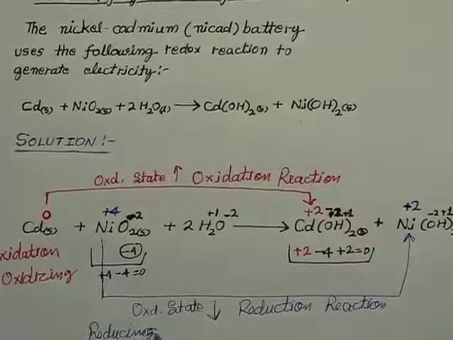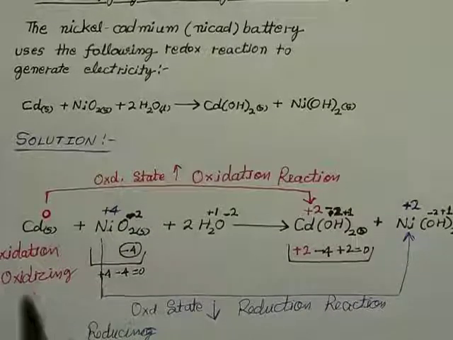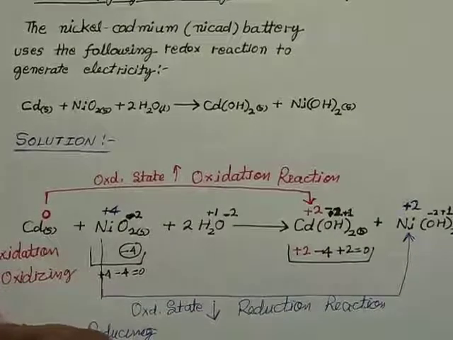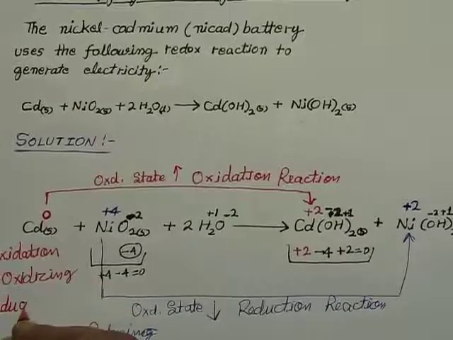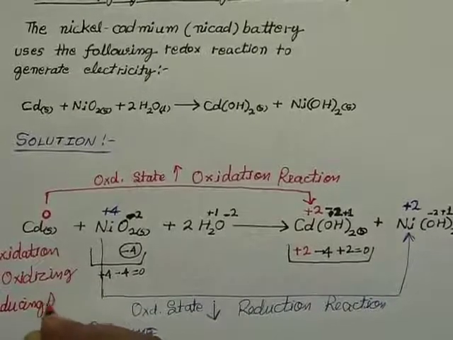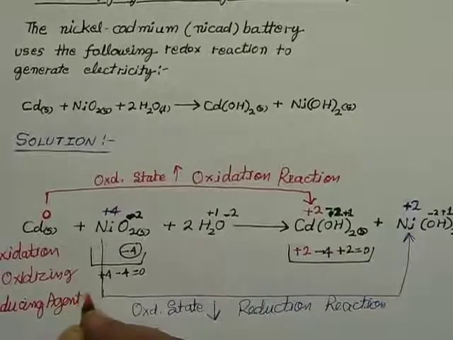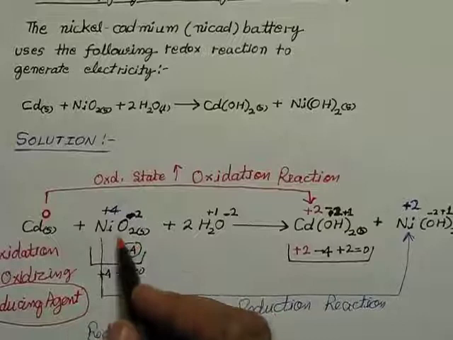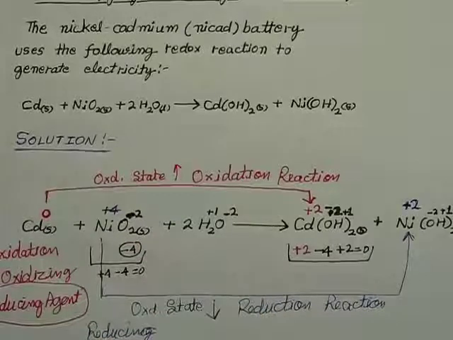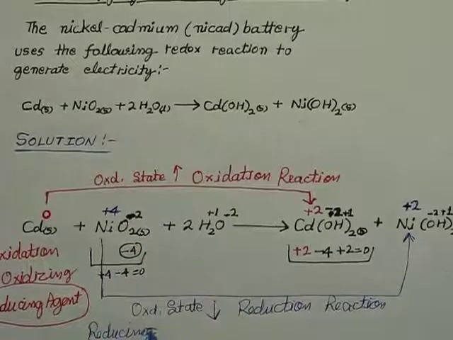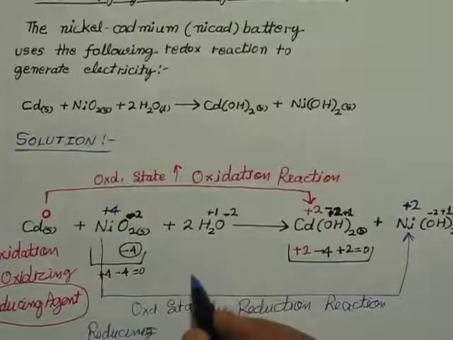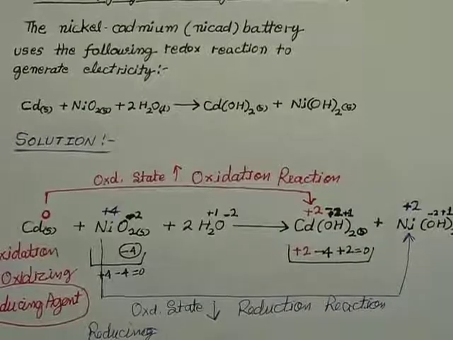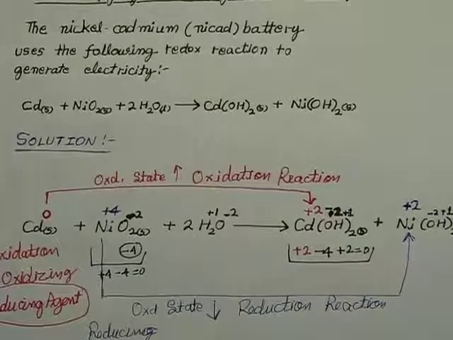Since in this reaction cadmium is oxidizing, it is called a reducing agent. Nickel oxide is reducing in this reaction, and reduction happens on the nickel oxide electrode, therefore nickel oxide is called an oxidizing agent.